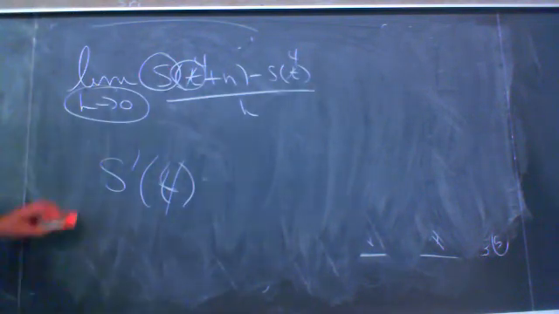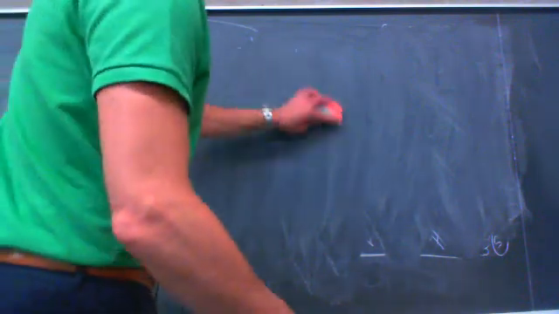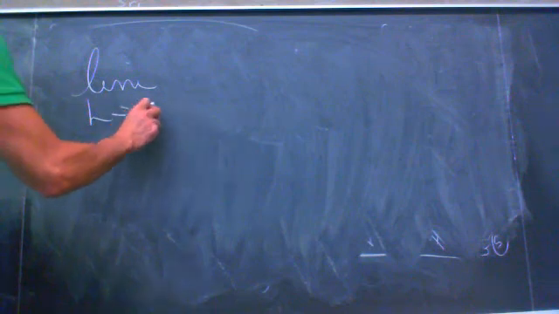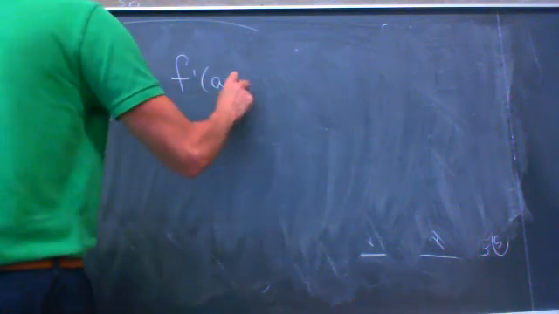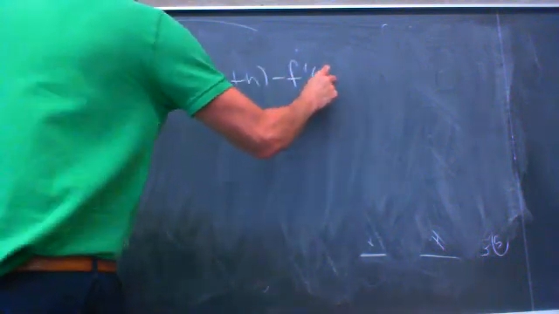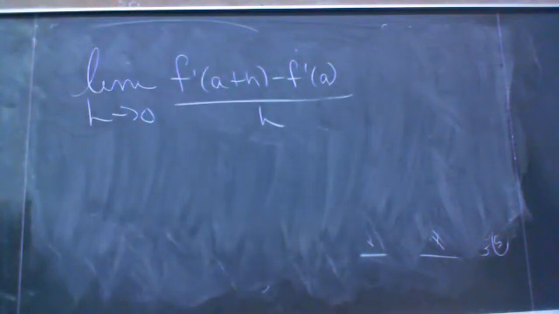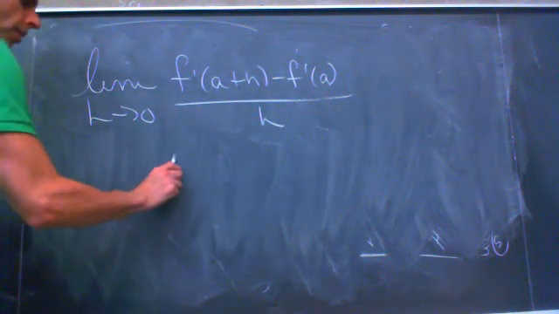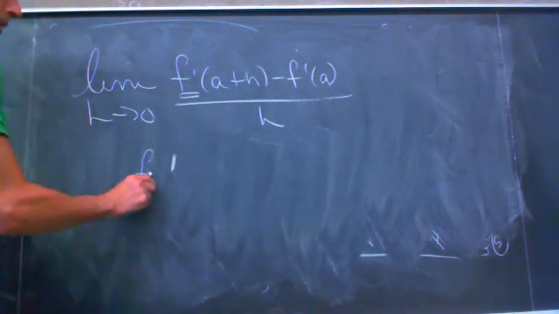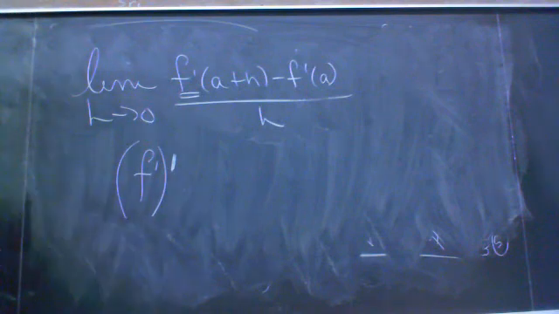Okay? Another one, which is one more, is the limit as h goes to 0 of f prime at a plus h minus f prime at a all over h. It's the limit of a difference quotient again. And it is the derivative of this function, which is f prime.